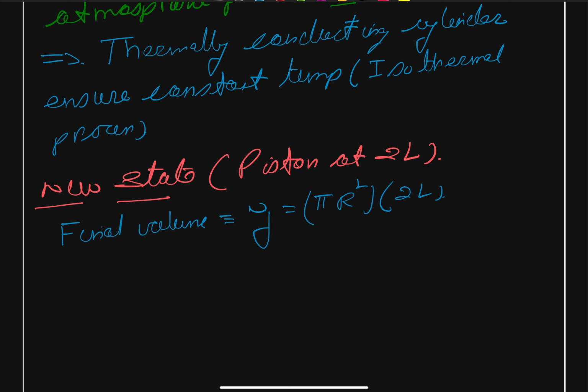And the only difference is, no doubt the process is isothermal, but we cannot use the ideal gas law which states that PV is equal to constant directly. The reason is that because of this open hole, there is a mass exchange of the gas, keeping the pressure at a constant P naught.